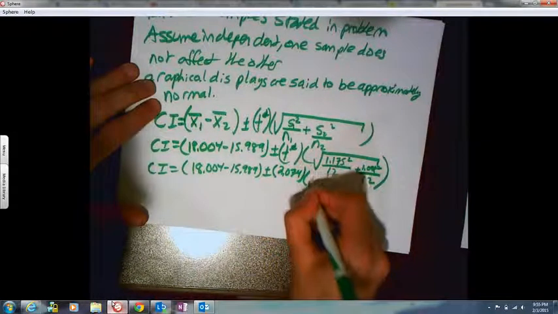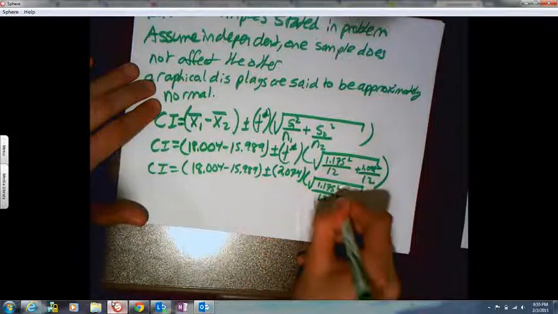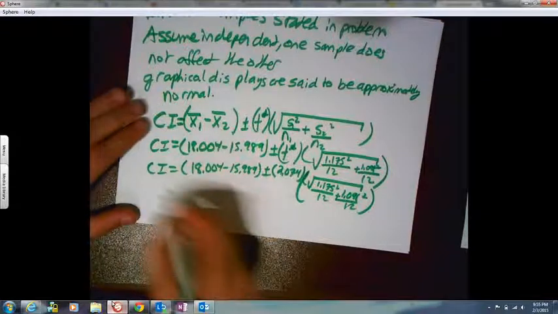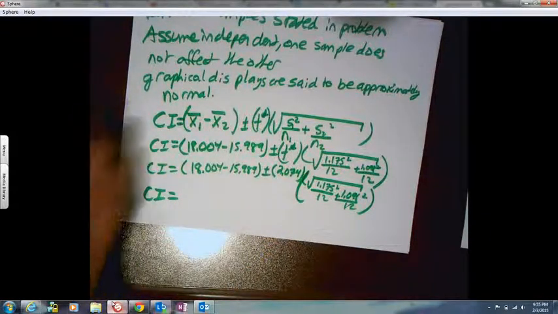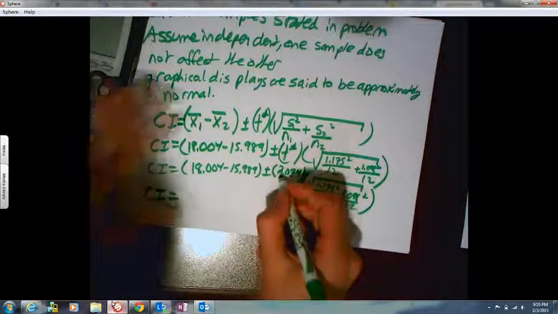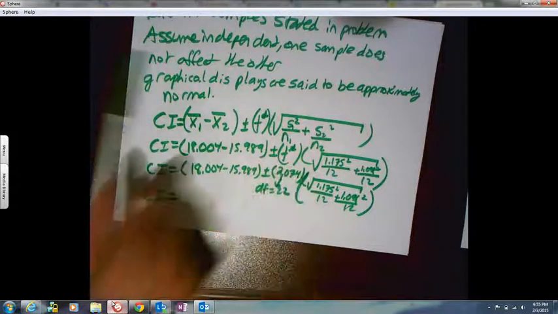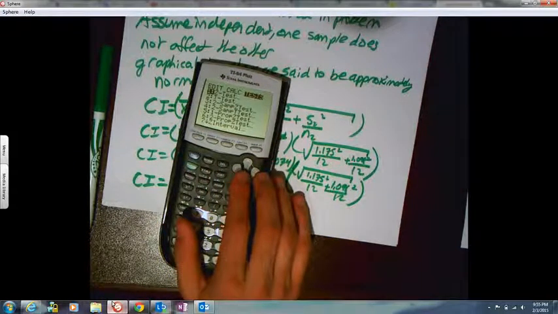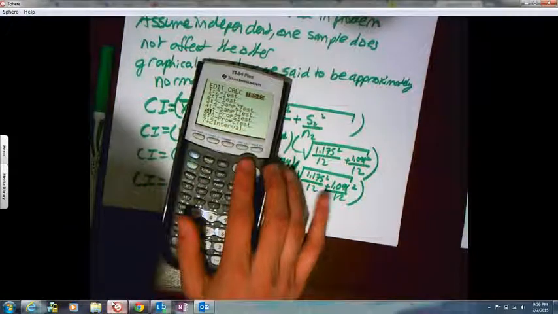And just copy this down here. Okay, now this goes into the calculator, and you may just want to say here df equals 22, and the confidence interval. So let's come over here to the calculator. Let's go stat, test, to sample t interval.